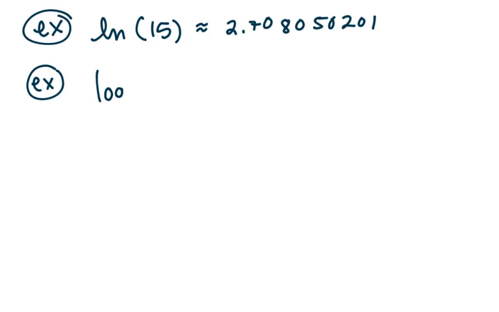Or I could type common log of pi. Typing that directly into my calculator using the pi button, common log of pi is approximately 0.49714987727.